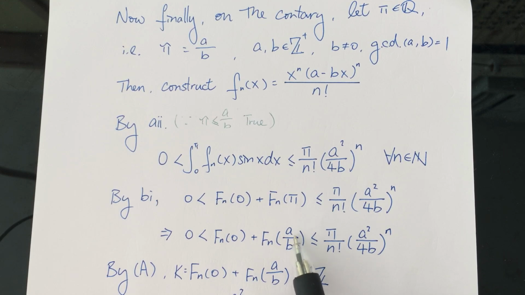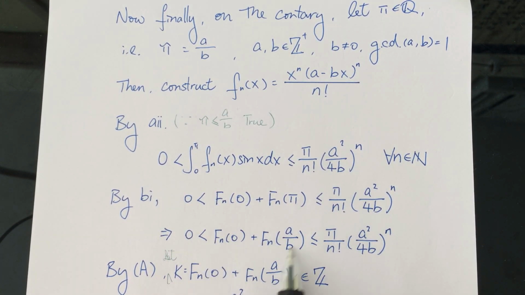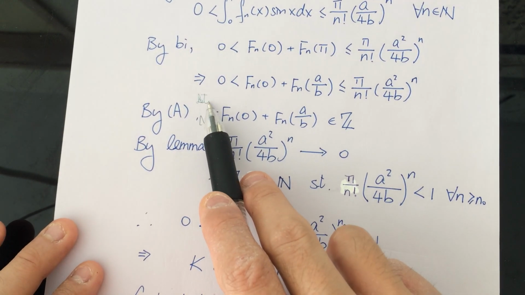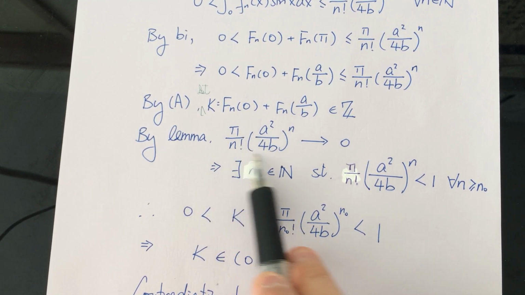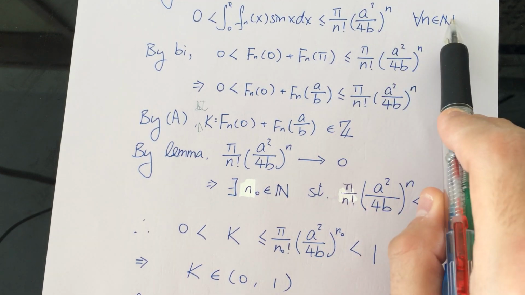However, with pi equals a over b, this part is an integer by A. So we can let k equal this part, which is an integer. And then by the lemma, this part tends to 0. That means this part tends to 0.